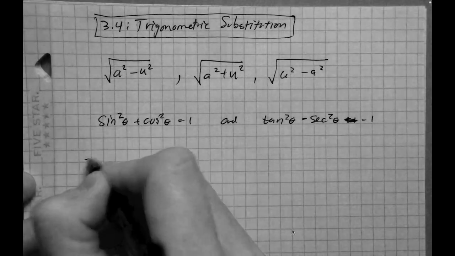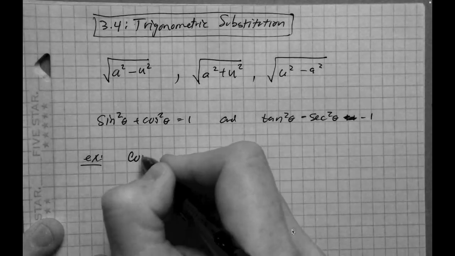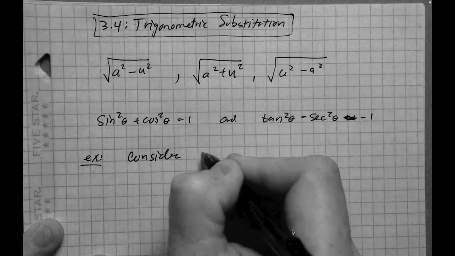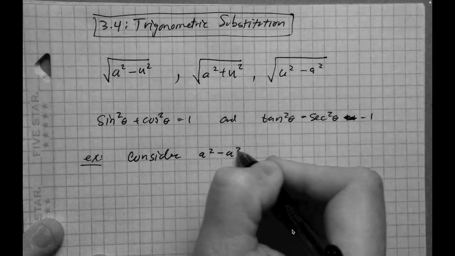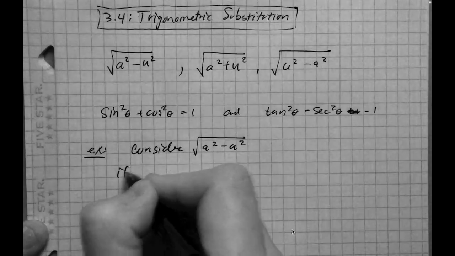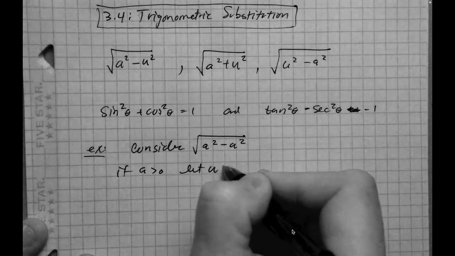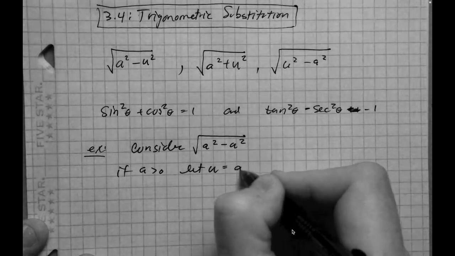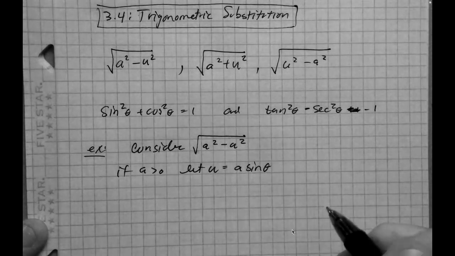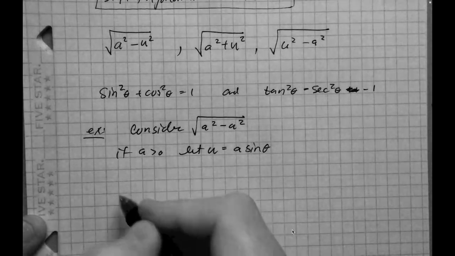Okay, so here's an example, kind of a motivating example. Consider this guy: square root of a squared minus u squared. Right, so if a is greater than 0, we can let u equal a times the sine of theta. And so notice what happens when we make this substitution.